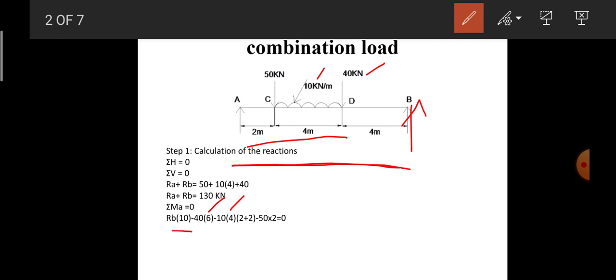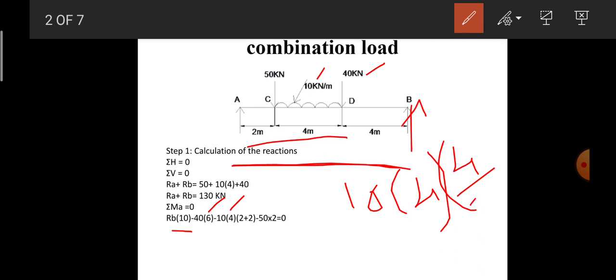So 10 into 4 is the conversion of UDL to the point load, into the centroidal distance, which is 4 by 2. The centroidal distance is 2 meters, but our reference point is A, so we need to add the remaining distance, that is 2 meters from C to A. Therefore 10 into 4 into (4 by 2 plus 2) is the total moment of the 10 kilonewton per meter load about point A.